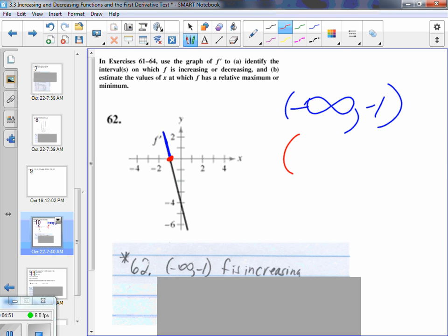So let's figure out what direction the function's going from negative 1 to infinity. The derivative stays negative, so what's the function doing? Decreasing.